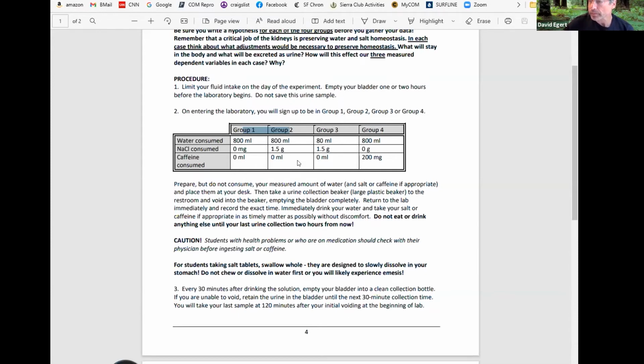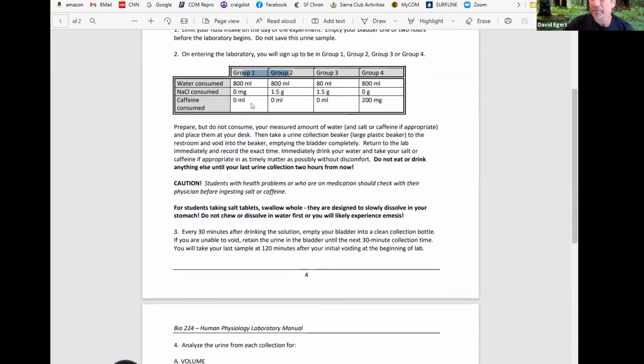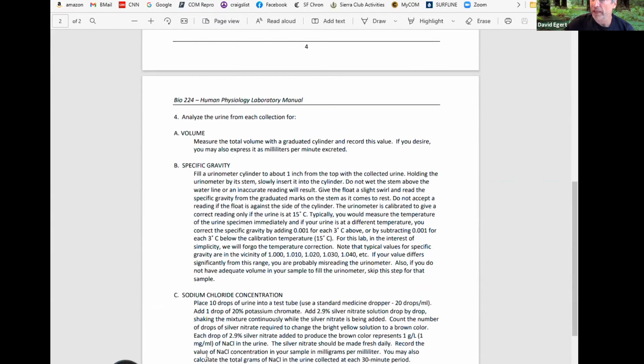So does this make sense, how to think about the hypotheses? I want you to think big picture about the kidneys doing water balance and electrolyte salt balance. And then think about what did these people put in their body? What are the kidneys probably going to do to maintain homeostasis over the next couple of hours? And how is that going to be reflected in these properties of the urine that you measure?